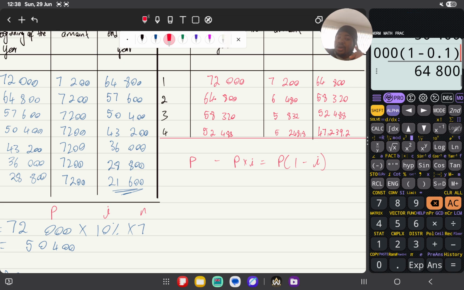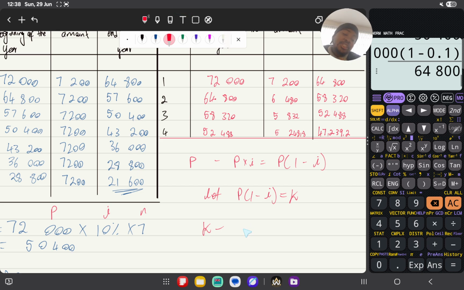Cool. So now I'm gonna say let P into 1 minus I be K, right? So now I'm gonna take that amount K as the new value of the car, and at the end of year 2 we have to depreciate it further. So we're gonna take K and we minus the interest.